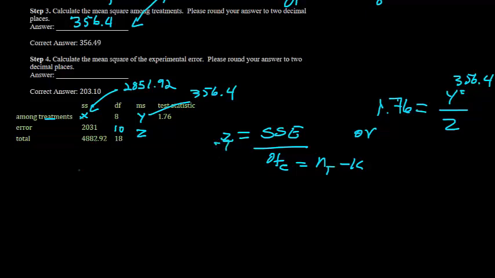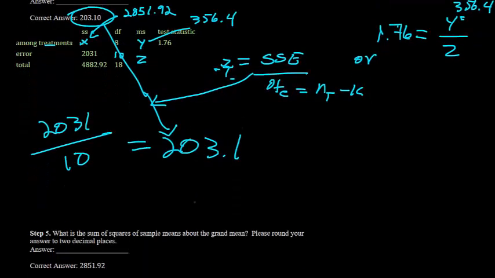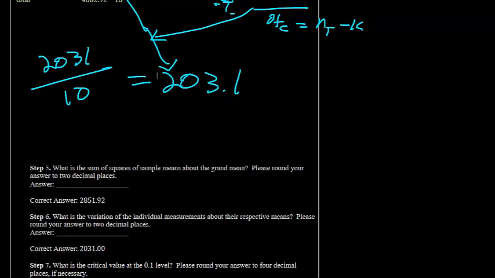I'm going to do the first one because it's just whole numbers and it looks a little easier. SSE is 2031. I'm going to divide that by 10, which is my degrees of freedom, and that's a really easy calculation, 203.1. Excellent. So now we have a filled out table.